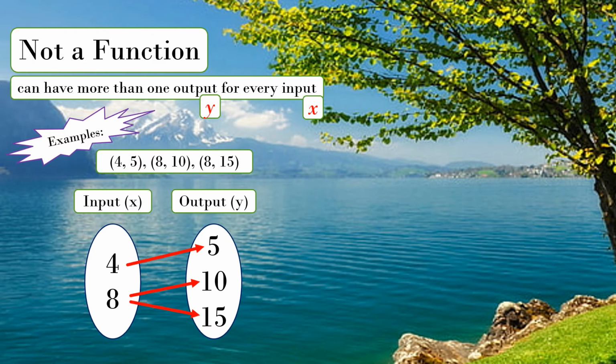Now, what do you notice? One value of the input, which is 8, has two values of output. If we go back to our definition a while ago, we say that x can have many y. So in here, you see that 8 has two y. Okay? So this diagram shows a relation that is not a function.